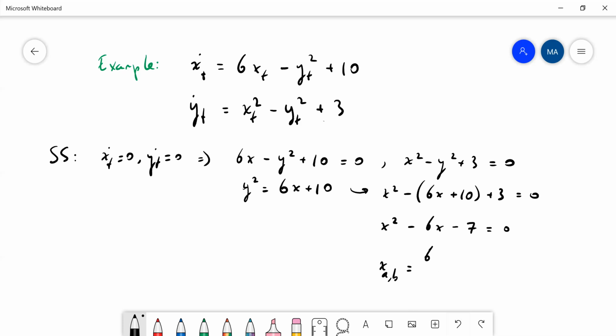You have 6 plus minus the square root of 36 minus 4 times minus 7, divided by 2.